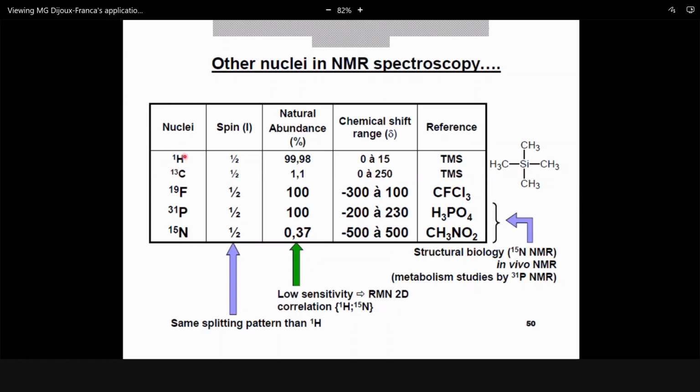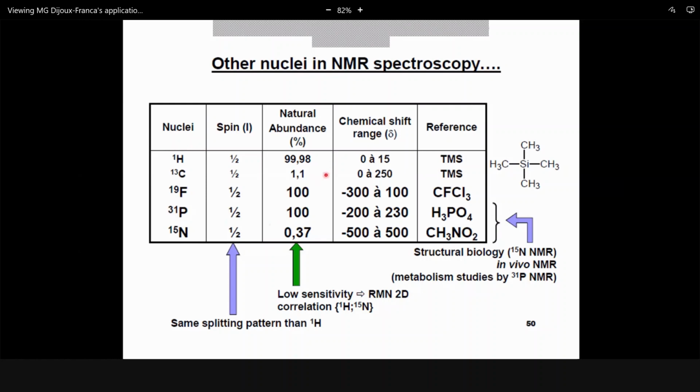The most used for organic molecules are proton and carbon-13, but when you work on proteins and peptides, and also sugars, for example, the glucose phosphate can be observed, and we observe the phosphate, but not the carbon or the proton.